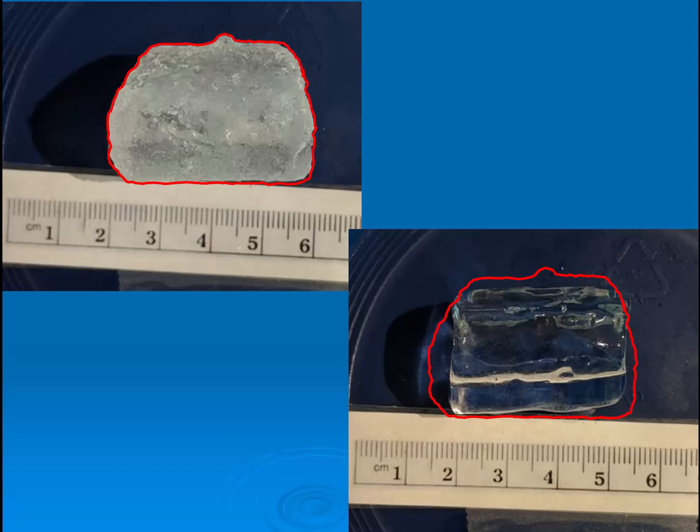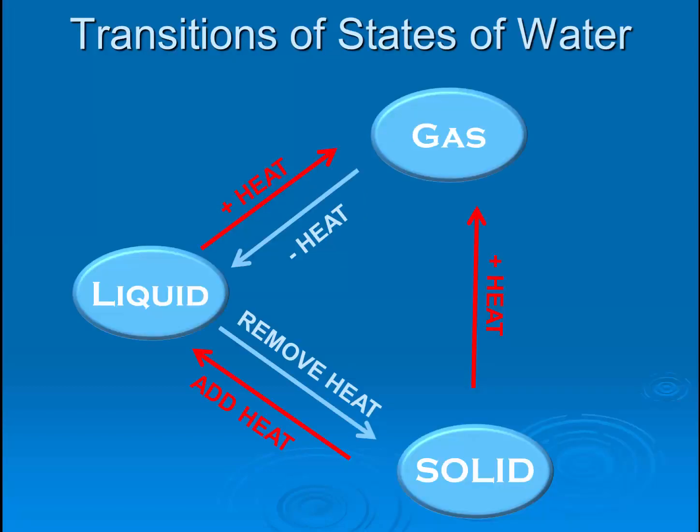This is not because the ice cube melted. This ice cube was kept in a freezer and the ice transitioned directly from solid to gas through the process of sublimation. In order for something to sublimate, we must add heat.